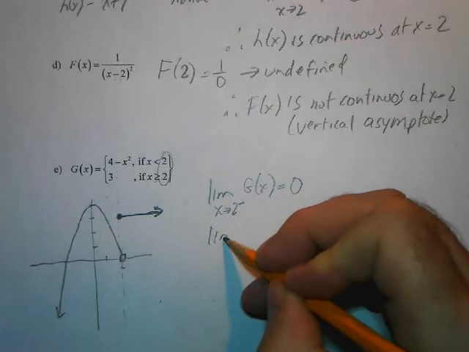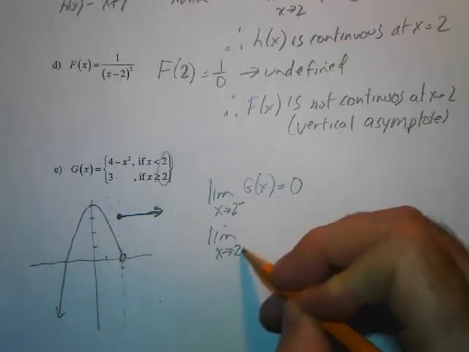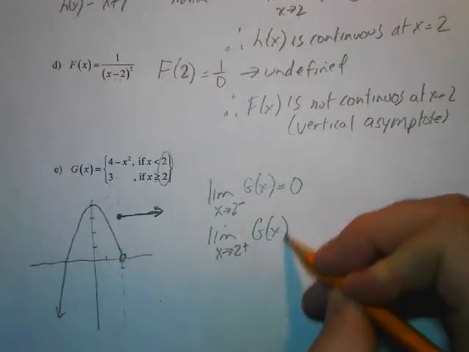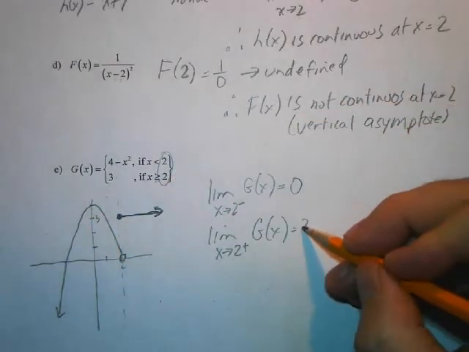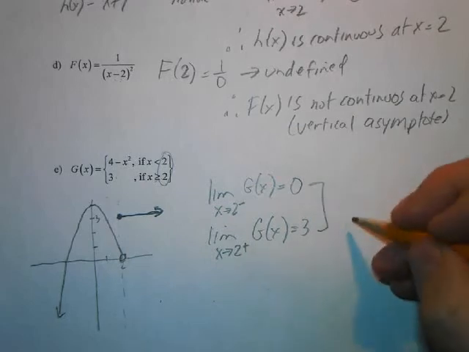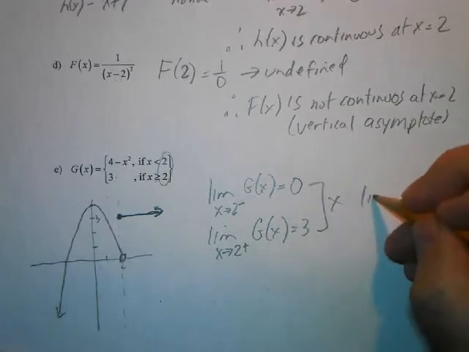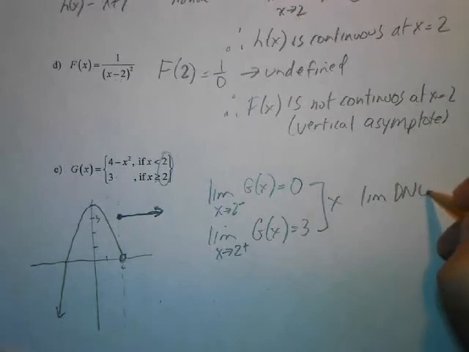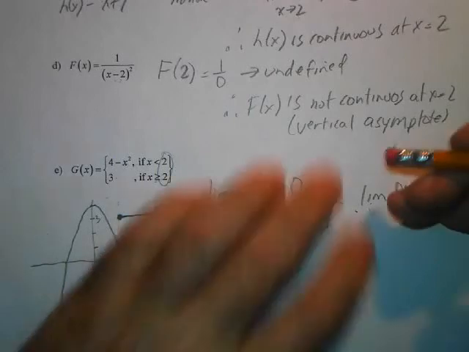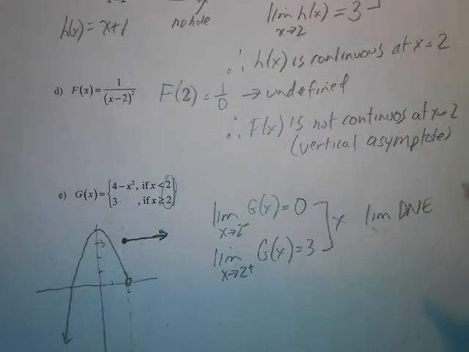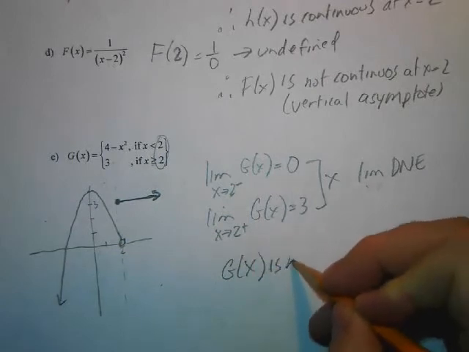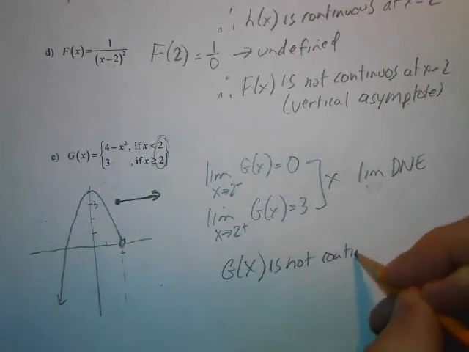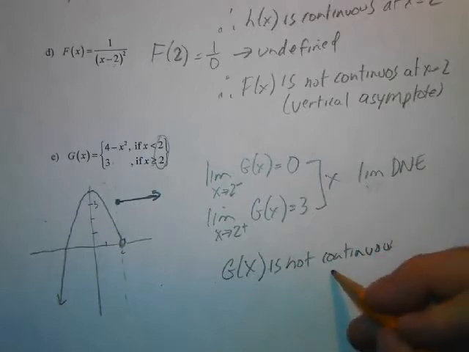And from the right side of 2, as x approaches 2 from the positive side, that limit would be 3. So you can see right away the limit does not exist, and since the limit does not exist, g of x is not continuous there at x equals 2.